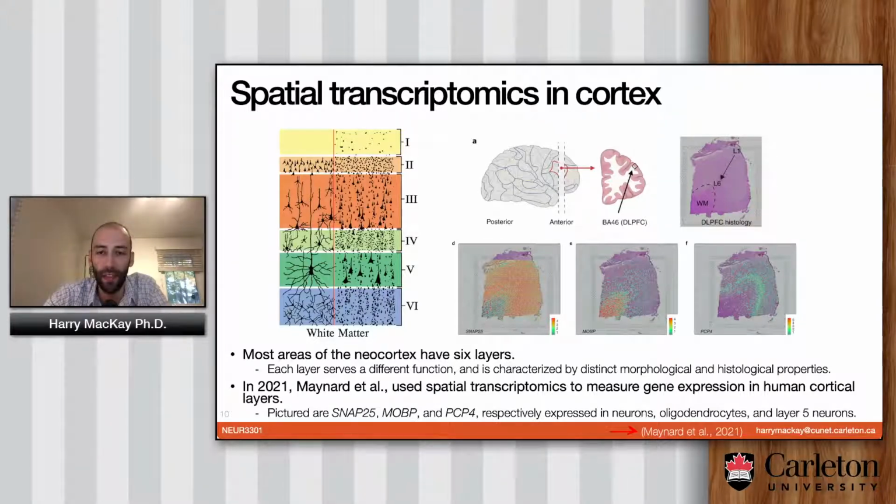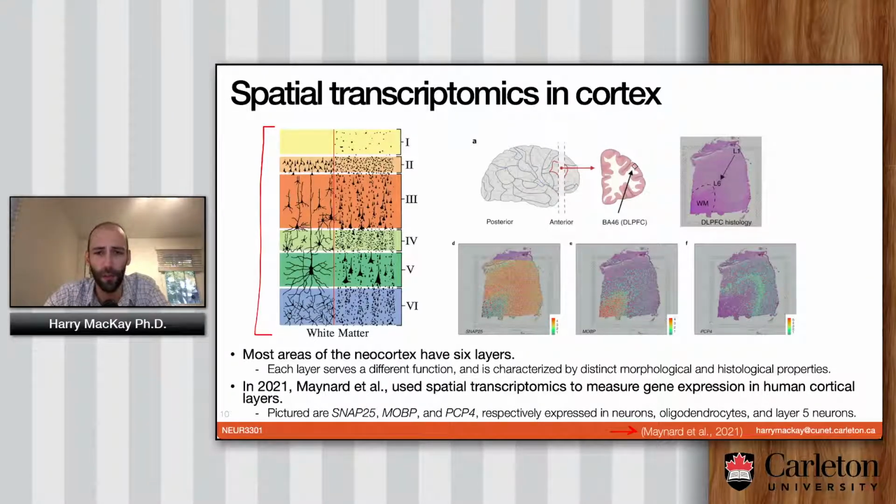And here they're looking at the neocortex. Now, if you recall from your other classes, the neocortex is a layered structure. It has 6 layers. And we can't get into the layer functions here, but there's different things going on in every layer. There's different cell types. Each layer receives inputs from different places and sends outputs to other places.